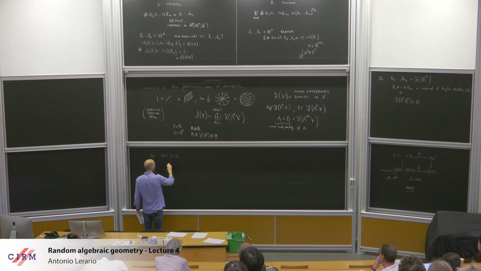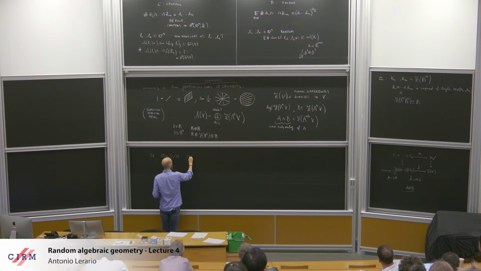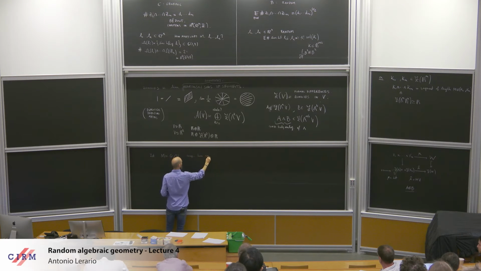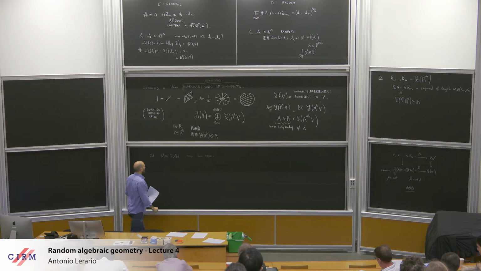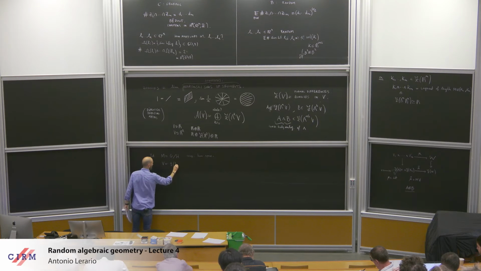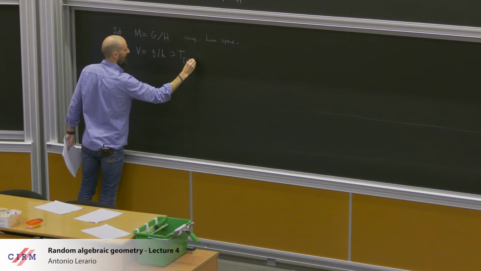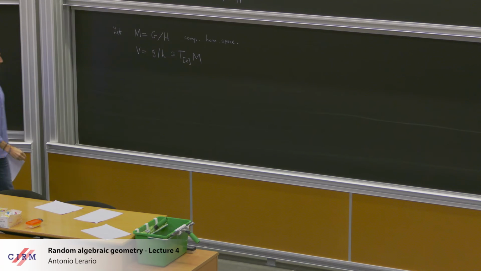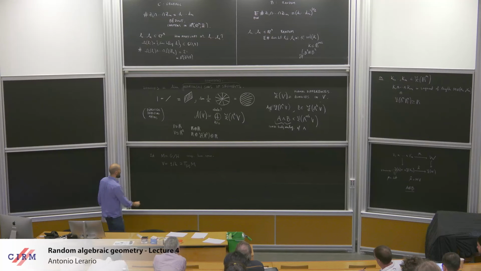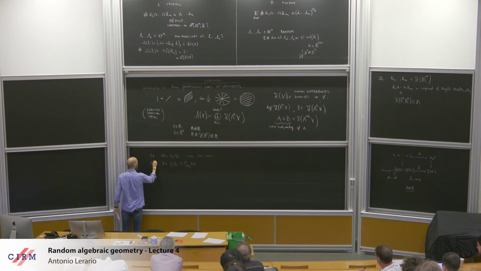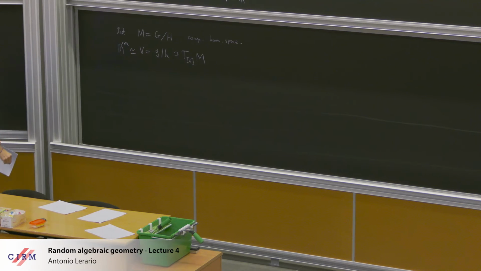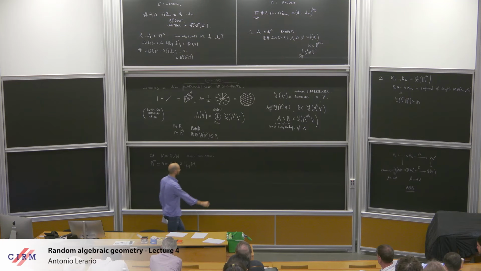If you take a compact homogeneous space, and take for V this quotient of the Lie algebras, so this is just the tangent space at M. This is my space V in which I will be working, so it's an n-dimensional space. Now here is what you can do.